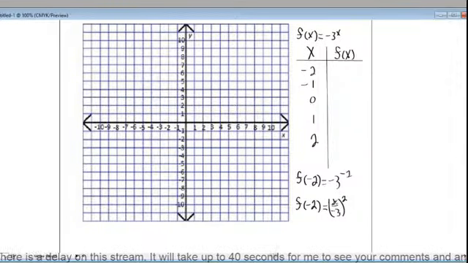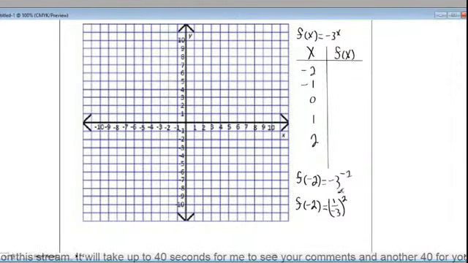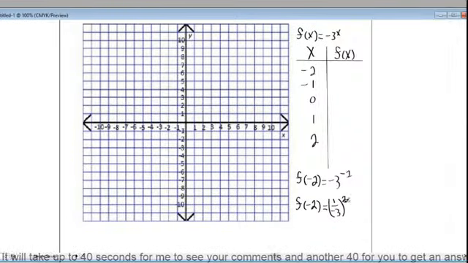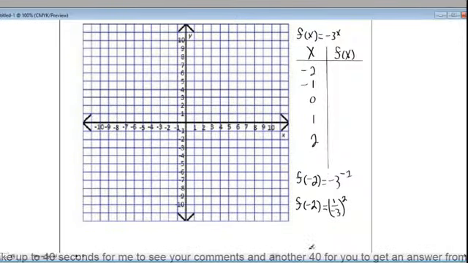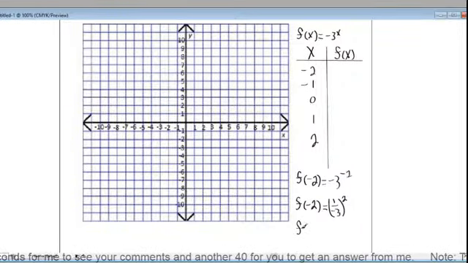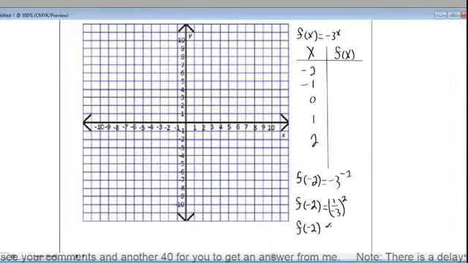Multiply 1 over negative 3 times 1 over negative 3, multiplying the tops and bottoms. 1 times 1 is 1. Negative 3 times negative 3 is positive 9. So f of negative 2 is positive 1/9.